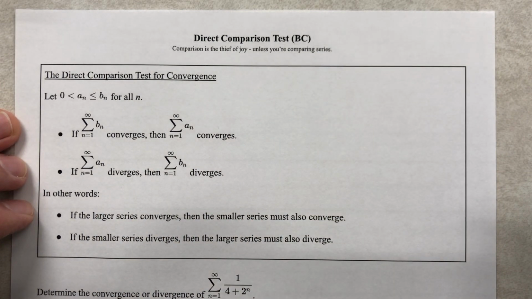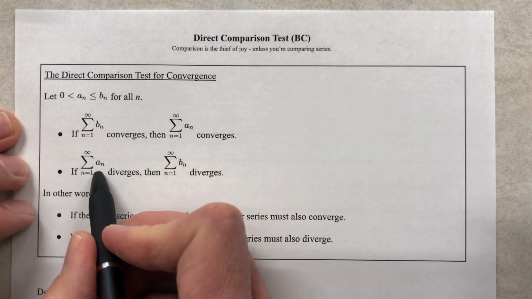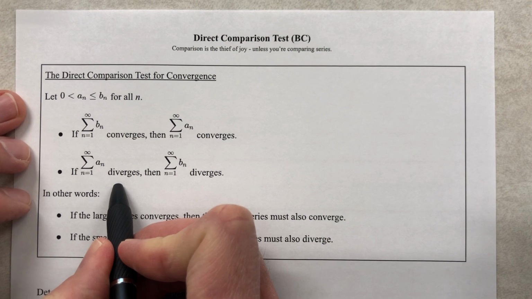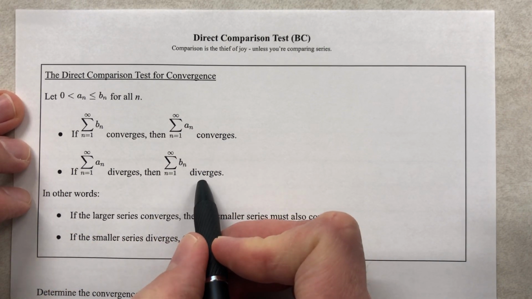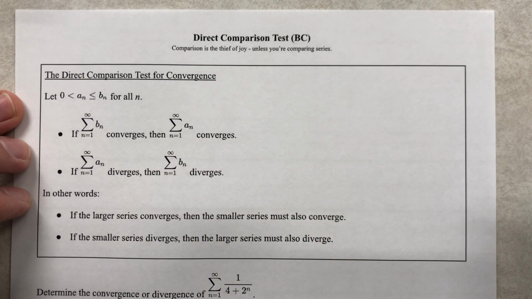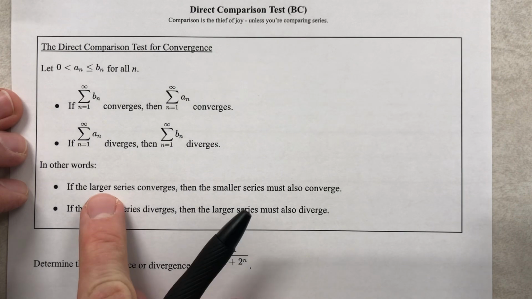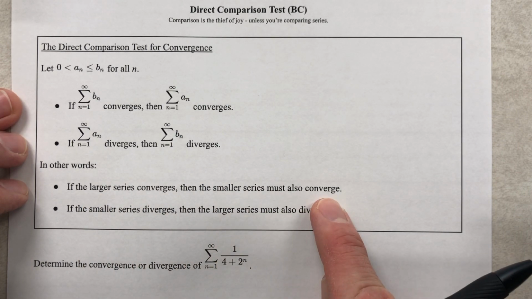Similarly, if the small one diverges, the small one blows up, like it goes towards infinity, then the one that's bigger than that is definitely going to go towards infinity. Okay? So here we go. If I have a large series that converges, then the small series must also converge.